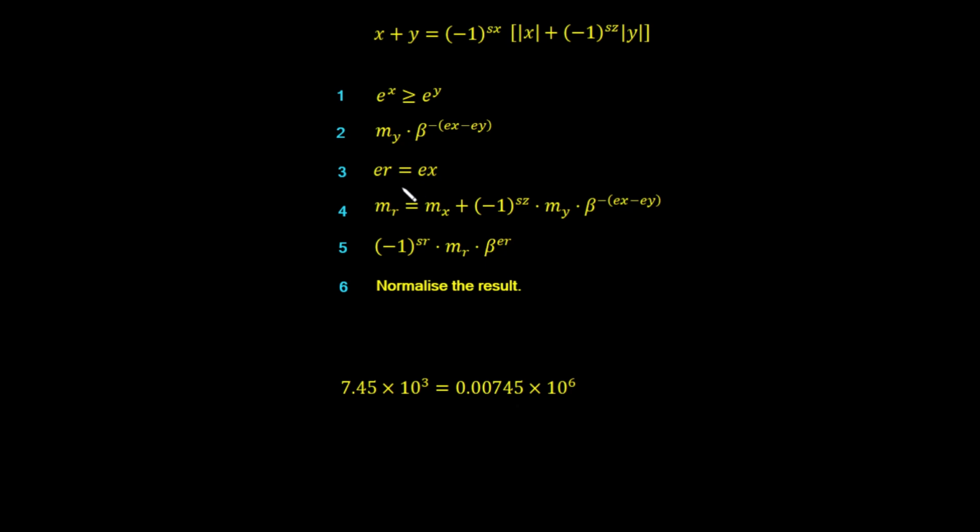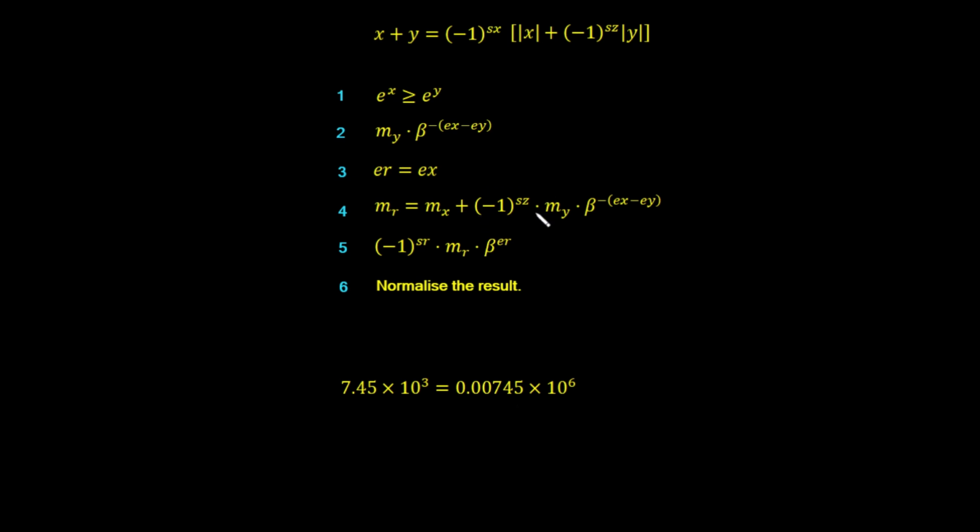As we mentioned above, we're going to make the exponent for the result, which we can call here ER, equal to the largest exponent, which is going to be the EX. Now we're going to have to go through either an addition or a subtraction. So we're going to have to add or subtract the mantissas. So we're going to have the mantissa for x, and then we're going to have to add or subtract.